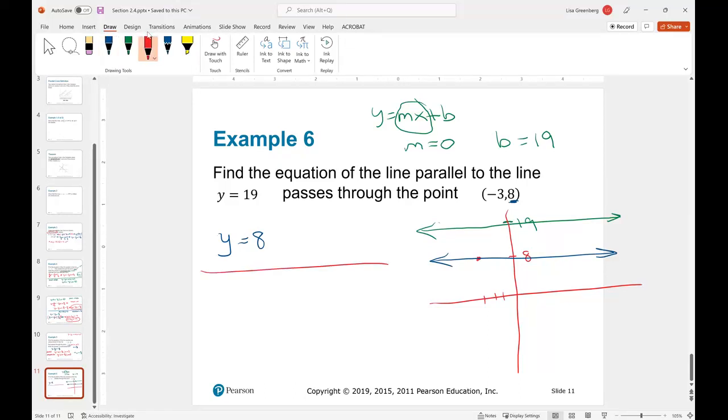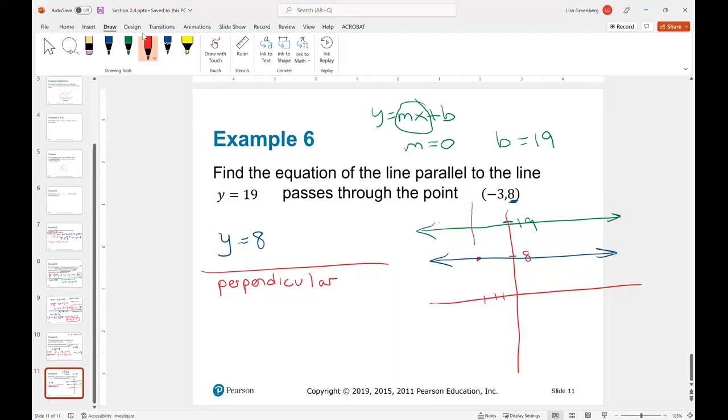Okay, so let's just do it while I have it here. If it was find the equation of the line perpendicular to y equals 19, and it has to pass through this point here, remember?